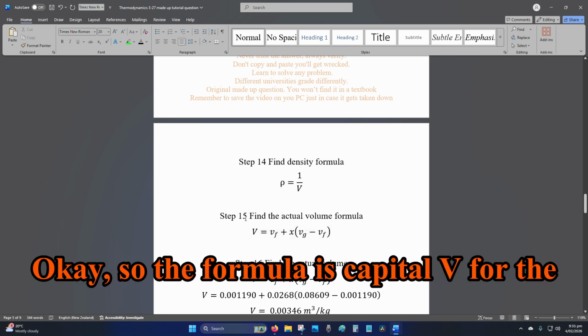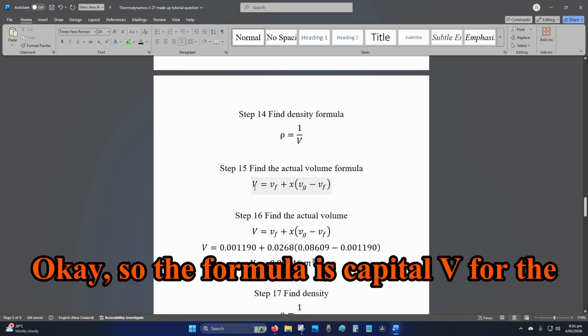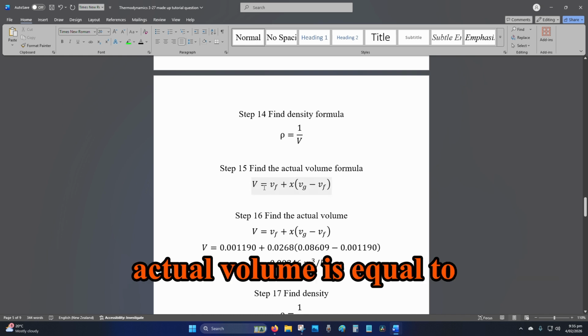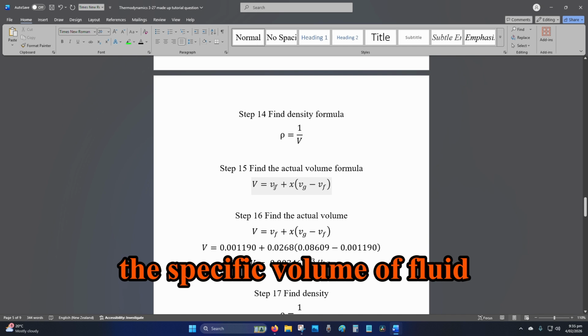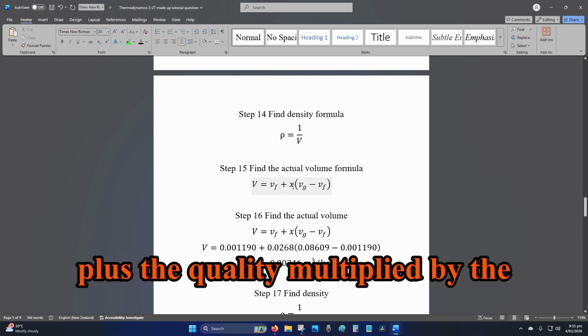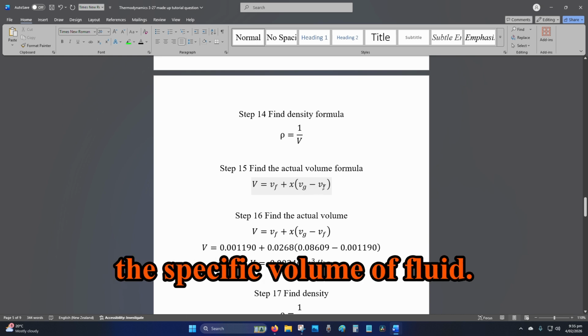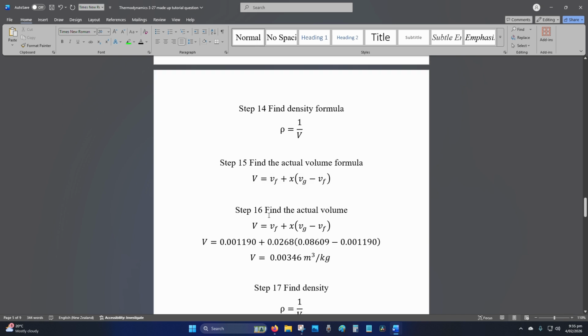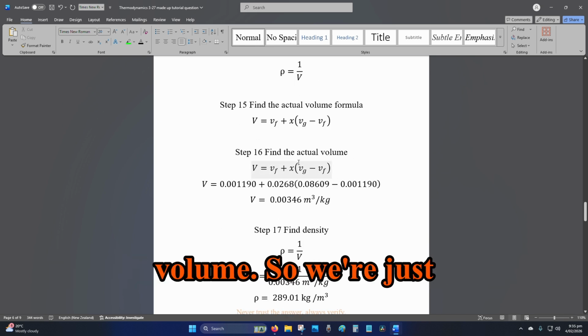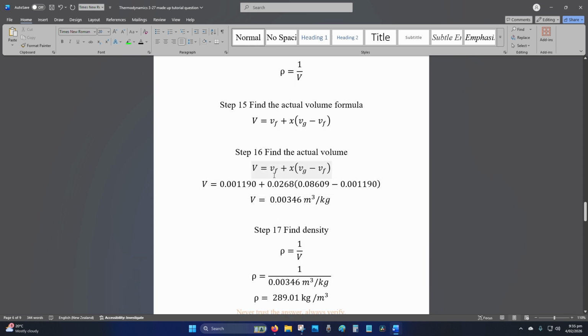Okay, so the formula is capital V for the actual volume is equal to the specific volume of fluid plus the quality multiplied by the specific volume of gas minus the specific volume of fluid. Step 16, we're going to find the actual volume, so we're just going to plug and play.